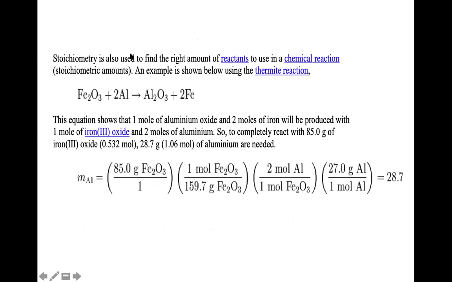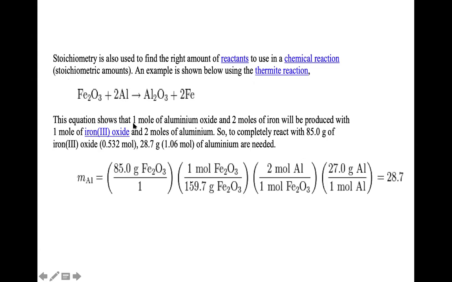So stoichiometry is also used to find the right amount of reactants to use in a chemical reaction. That means you can calculate the right amount of reactants required for getting the highest amount of product. An example is shown below using a thermite reaction.